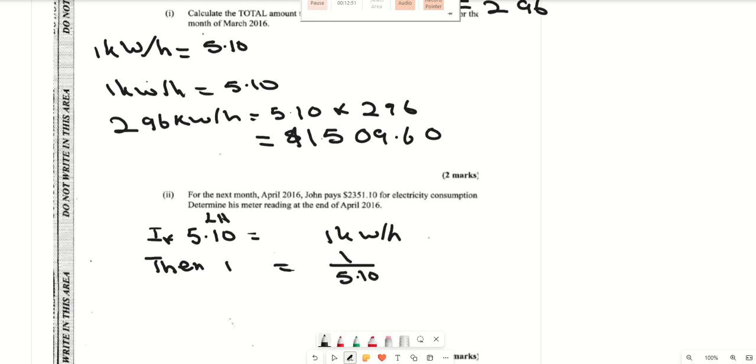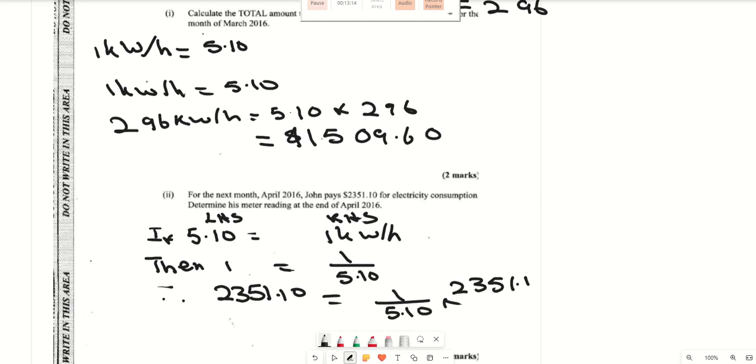Remember, left hand side, right hand side. Your then line, which is defined for 1, is always your right hand side divided by your left hand side on your if line. And therefore, how many kilowatts would he use if it is $2,351.10? That would be 1 over 5.10 multiplied by 2,351.10. Let's use our calculator to find out this answer.